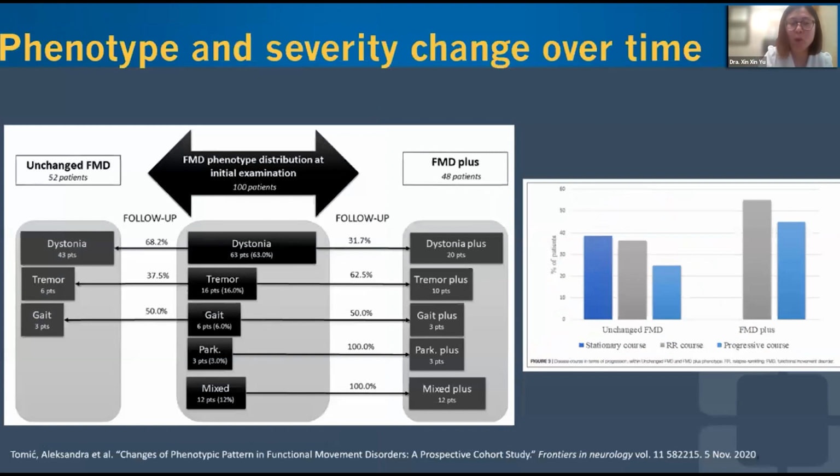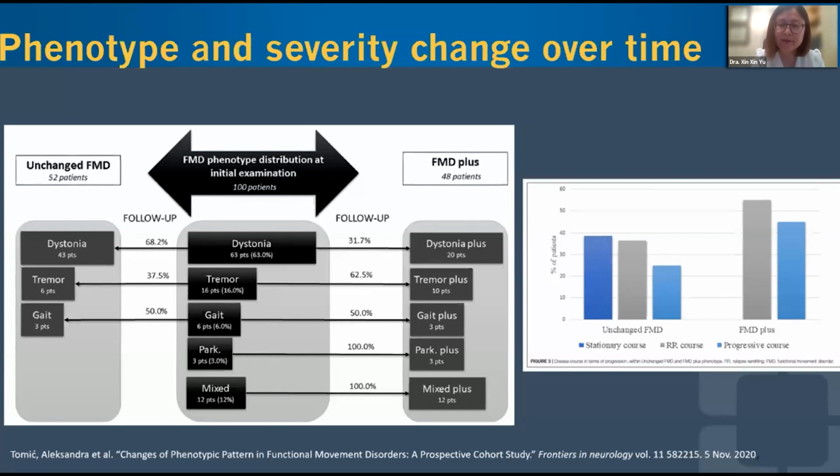This study of 100 patients with FMD were longitudinally observed over 3 ± 2.5 years on average. What these authors found was that during the observed time, about 50% of patients had a change of the phenotypic pattern during their course.